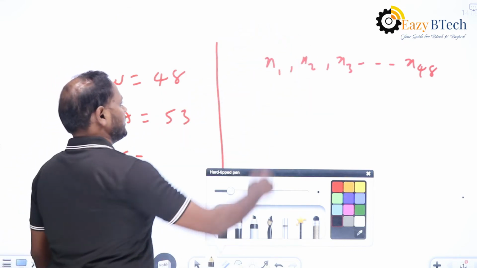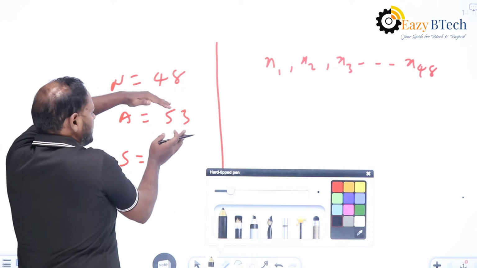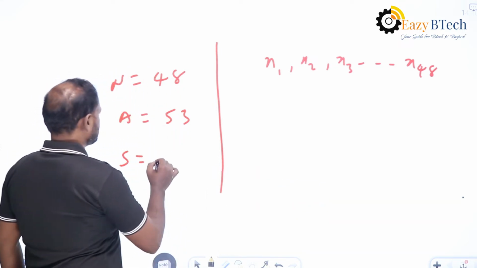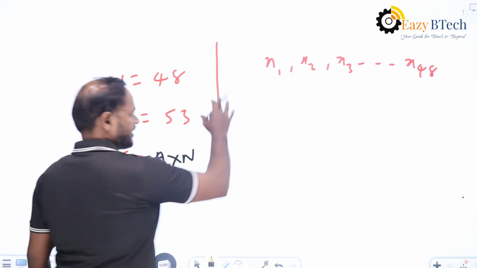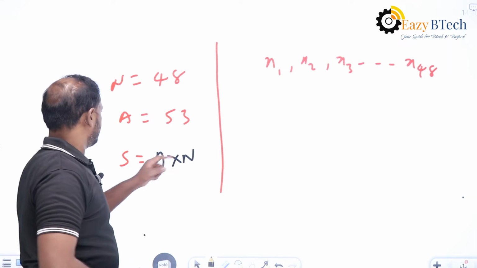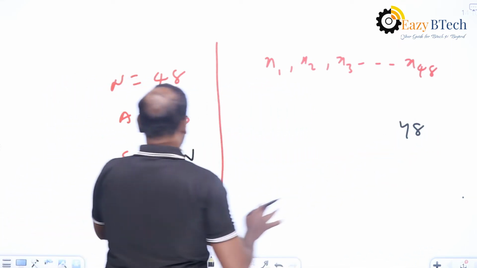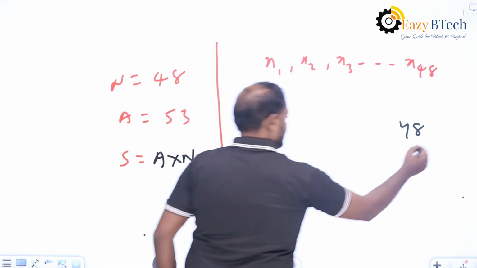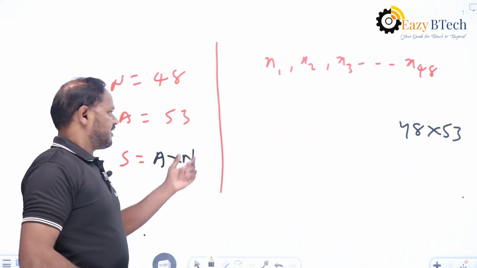According to the given condition, the total number of terms is 48 and their average is 53. Sum is nothing but average into numbers, so 48 into 53 will be the total sum.